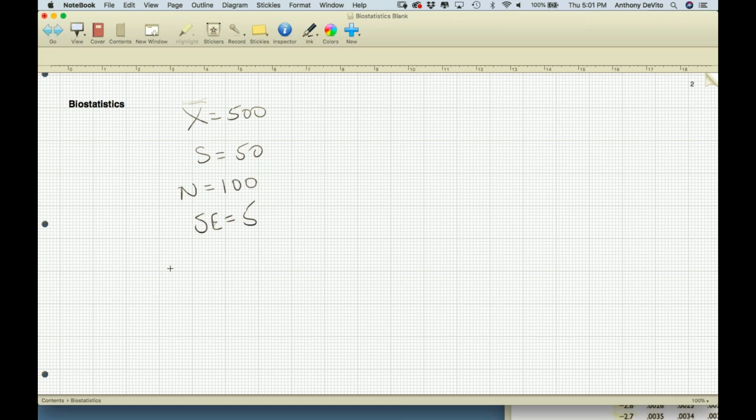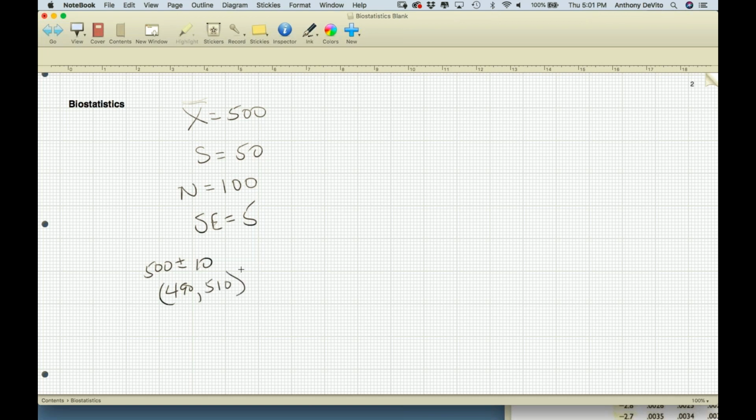So for my confidence interval, I'm not going to bother with 1.96, right? I'm just going to say it's 500 plus or minus 2 times 5, which is 10. So it's going to be 490 to 510.